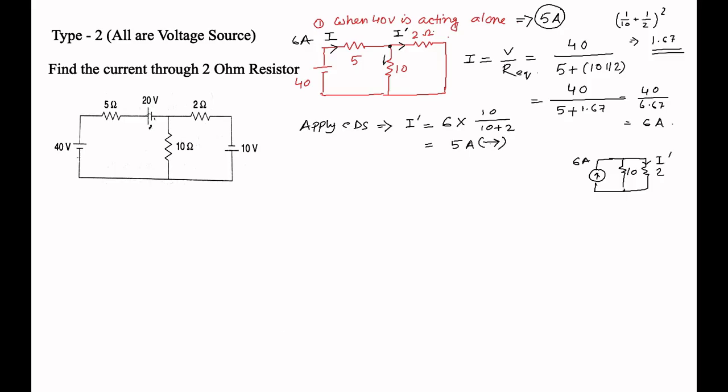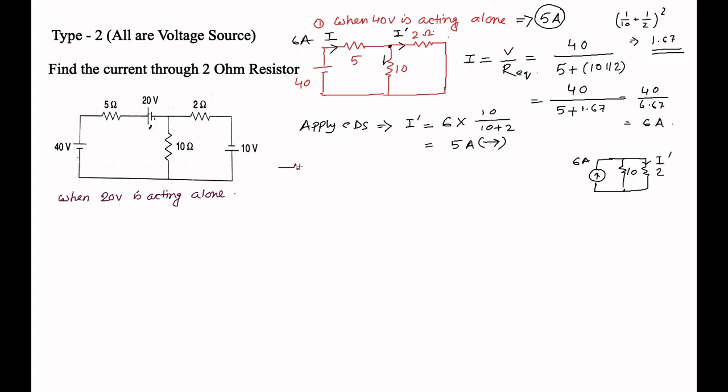Now the second part is when 20 volt is acting alone. What should we do? We should again draw the circuit in a similar way. This becomes shorted, this becomes shorted.